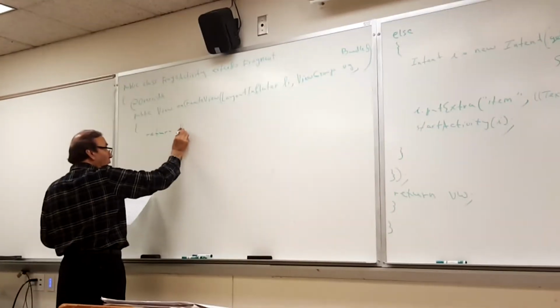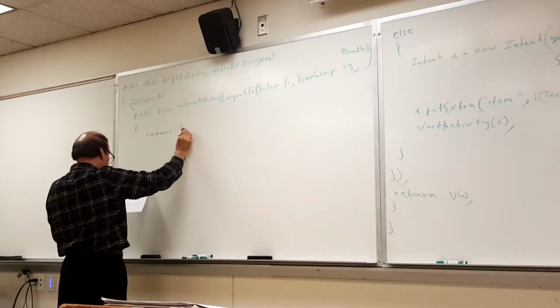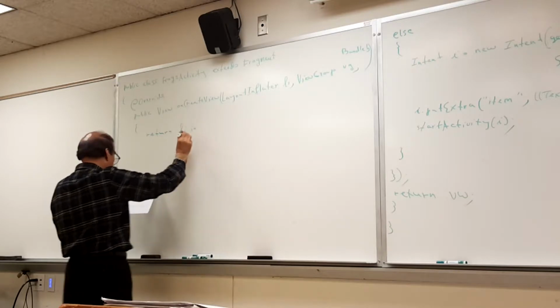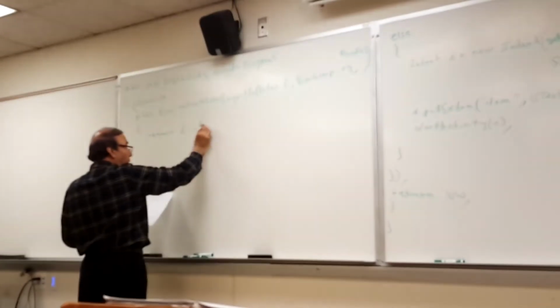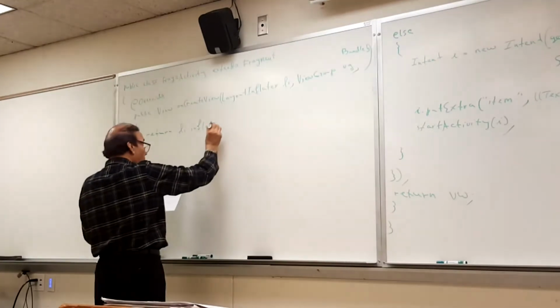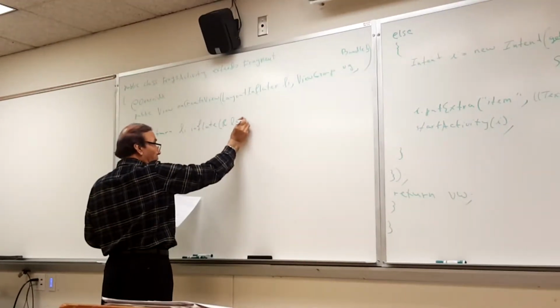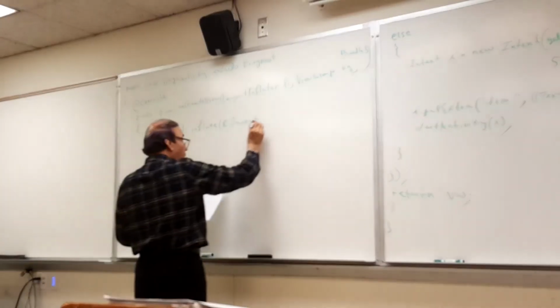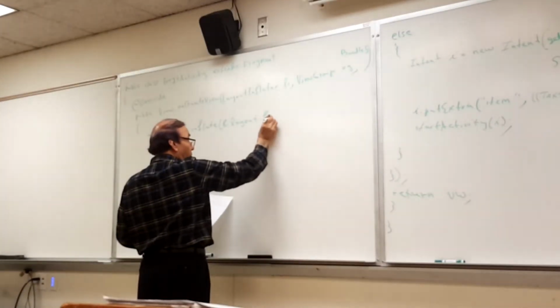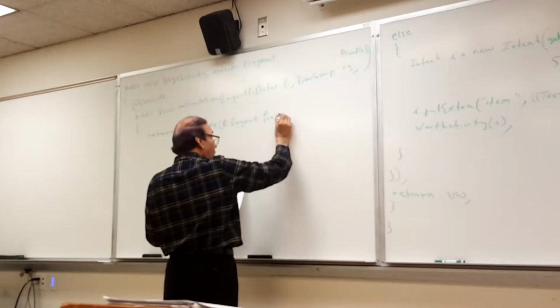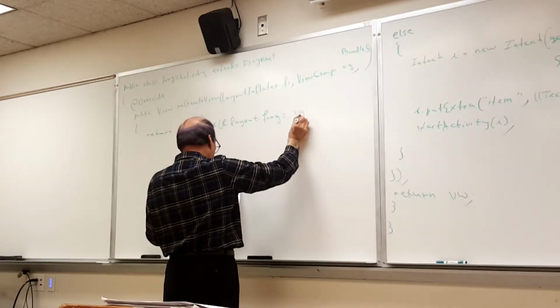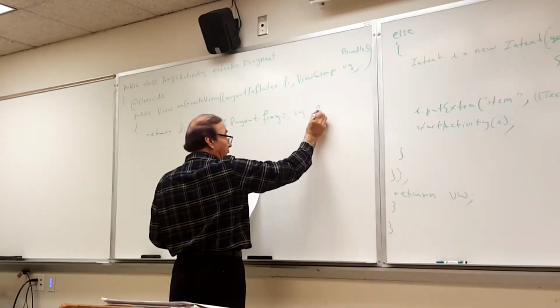Return li dot inflate dot layout dot frag 2 comma vg comma false.